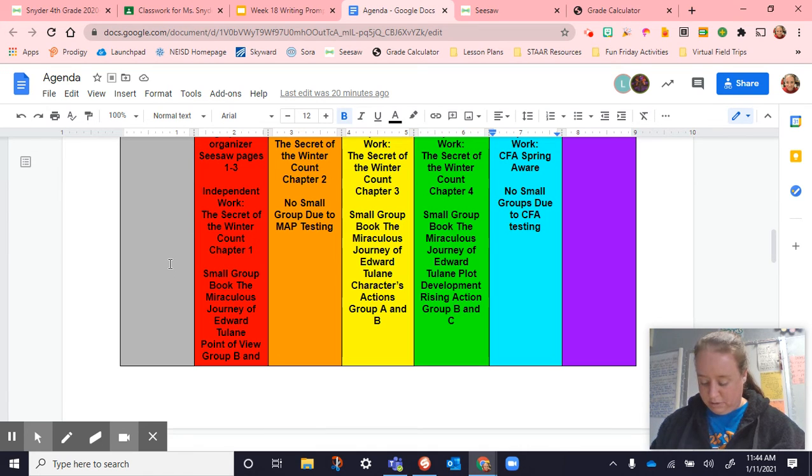We read starting at page 68. We read chapter 9 and we stopped at 12, so we read 9, 10, and 11, and that's in our Edward Tulane book. And our small group was over some of the questions that go with the book.